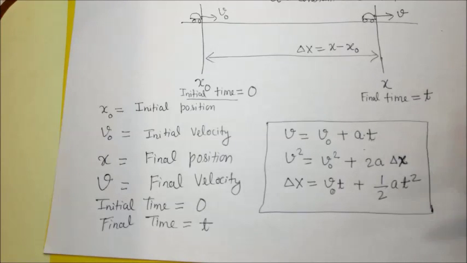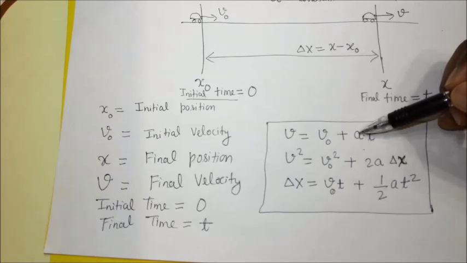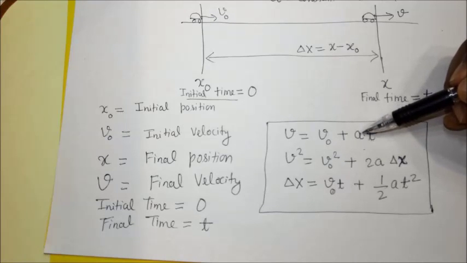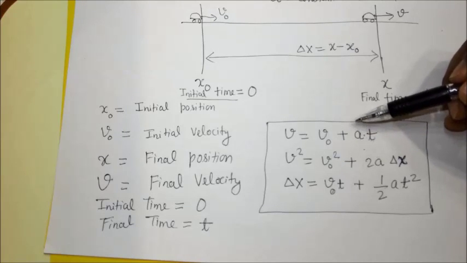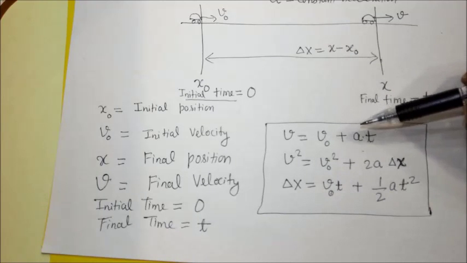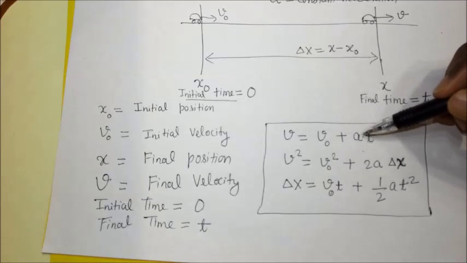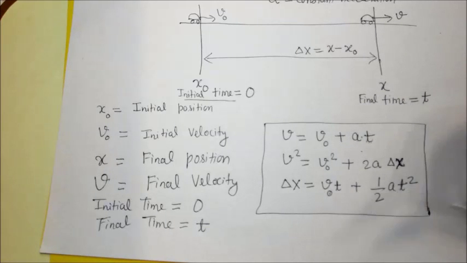Decelerating means negative acceleration. a is either positive or negative. When it is positive, it is acceleration. When it is negative, it is deceleration. So in both cases, these three equations are valid as long as a is constant.